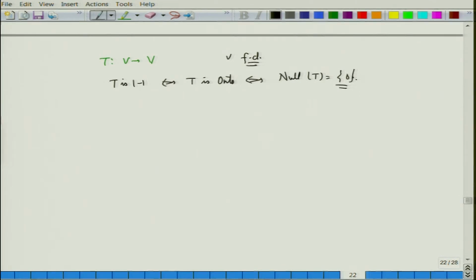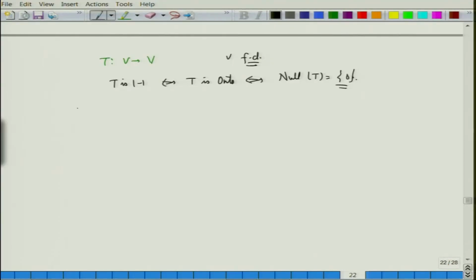So earlier, in our school days, we had what is called bijective. Two sets are in bijection if there is a map from one to the other which is 1-1 and onto. So here we have the definition of isomorphism. Let V and W be two finite dimensional vector spaces.